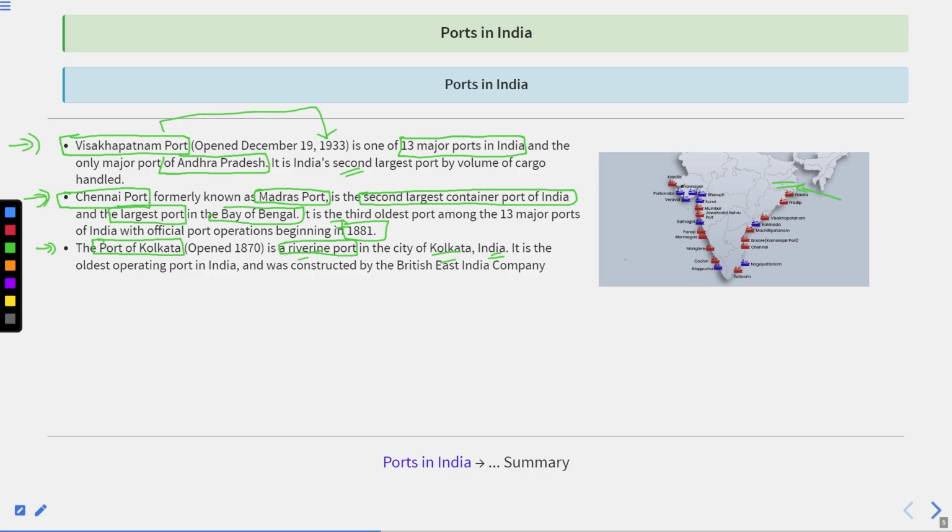So that's why it is known as the riverine port. It is the oldest operating port in India, constructed by the British East India Company. Like we know, the Britishers were the ones who established their first colonial territory in Bengal. After establishing their territory, they built the port of Kolkata as one of their trading centers that could be utilized to do foreign trade.